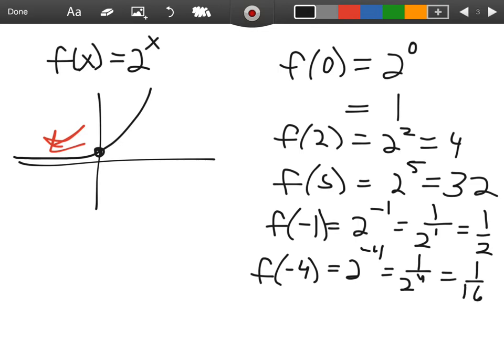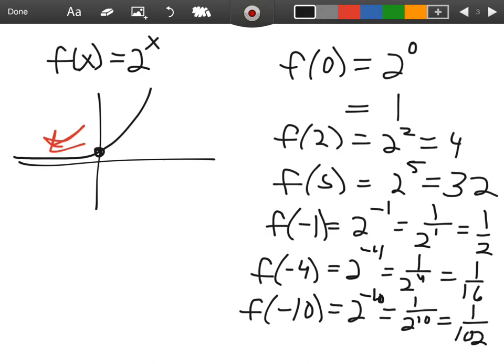It's a smaller fraction. If we keep going to something real big, like f of negative 10, that's 2 to the negative 10th power, or 1 over 2 to the 10th, which is 1 over 1024. It's just a really, really small fraction, but it's never going to be 0. So it tells me it's never going to equal 0 on the left-hand side. It just keeps going, kind of tapers off, limits out at 0, if you will.